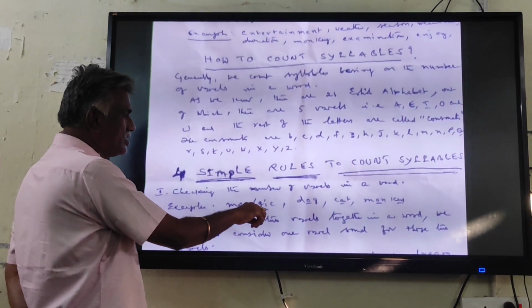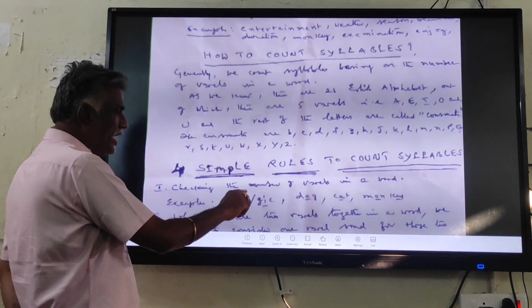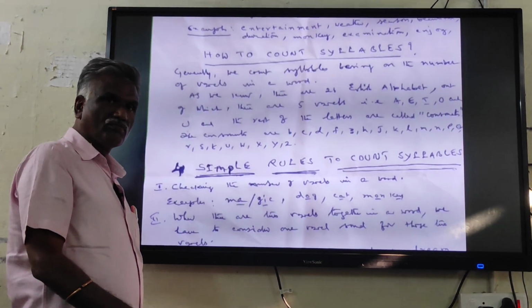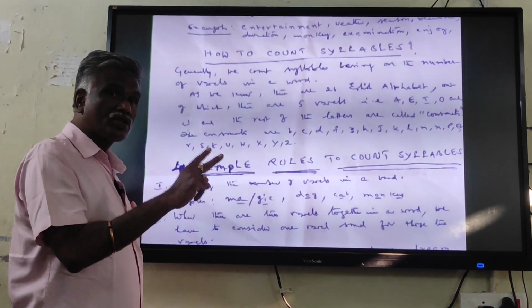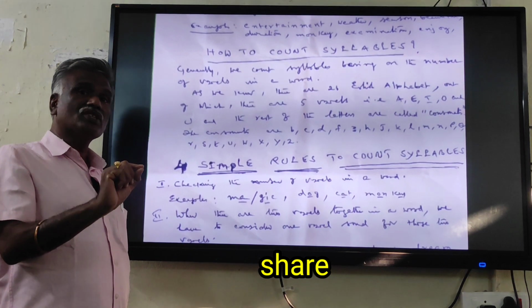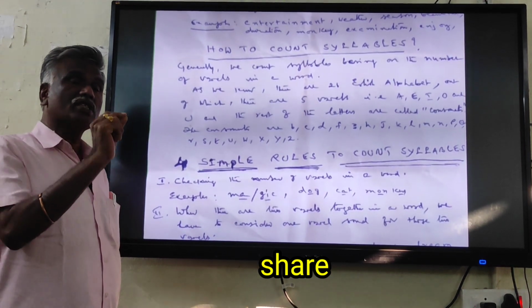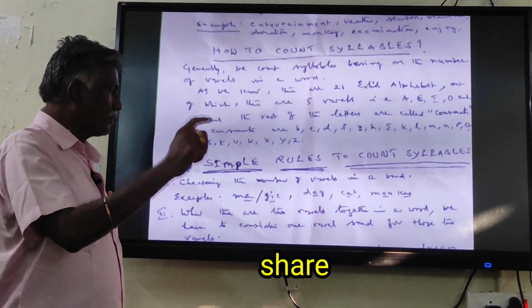G, I, C, this is another syllable. How many syllables are here? This word has 2 syllables, because of vowel sound. Every syllable has dominance of vowel sound.